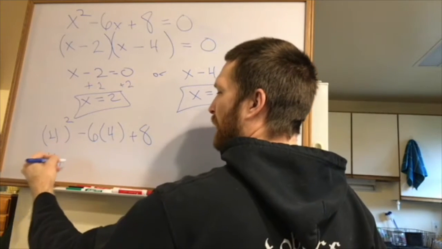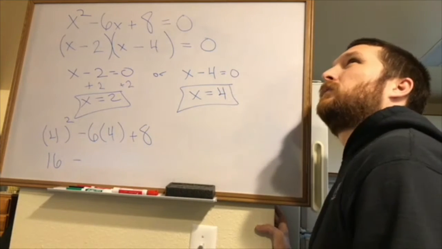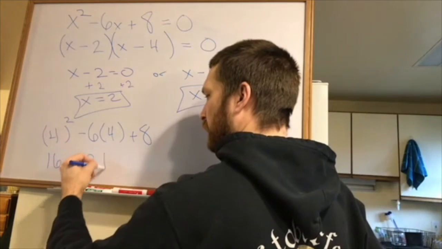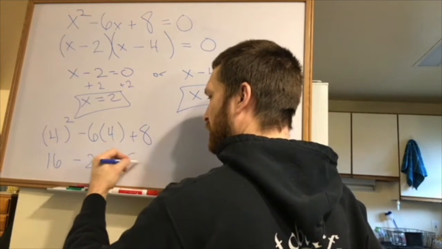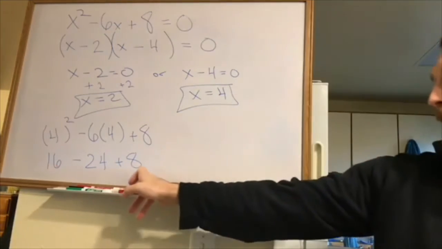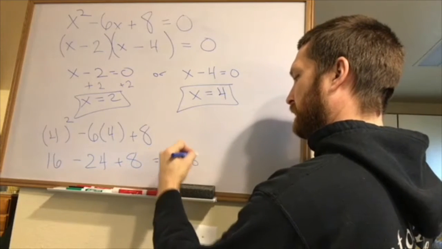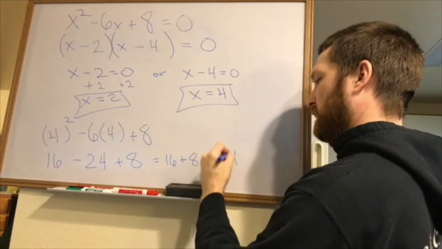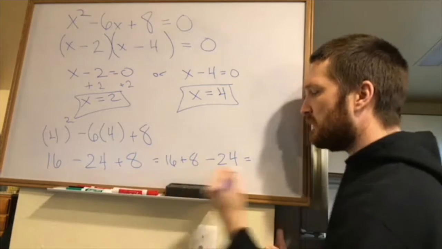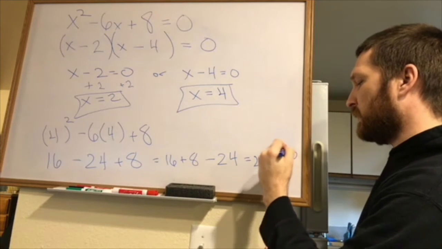Now what's 6 times 4? 24. Plus 8. Let's check this way. What's 16 plus 8? 24. 24, right? Okay, so 16 plus 8 is 24. Minus 24 does equal 0.